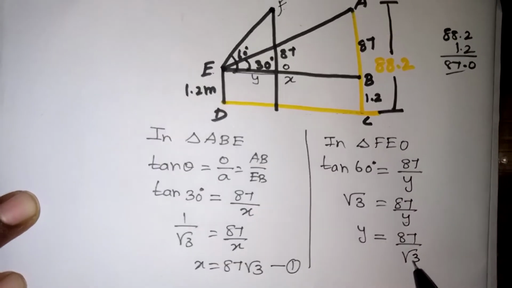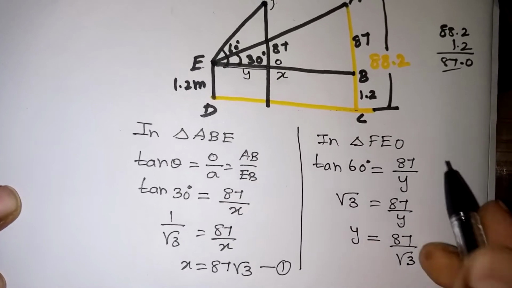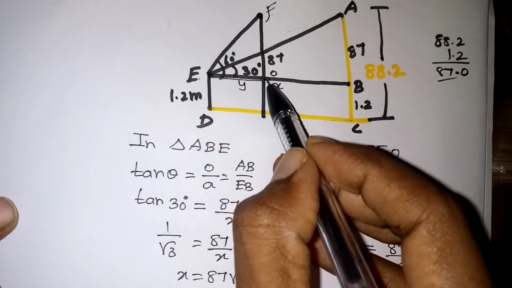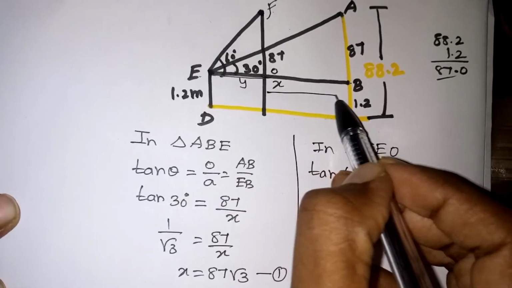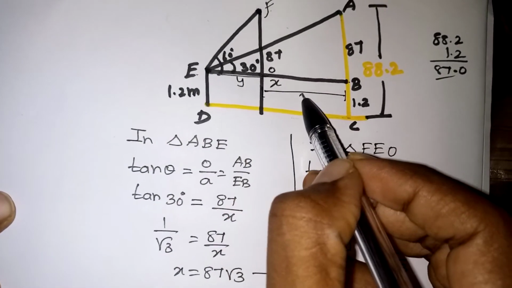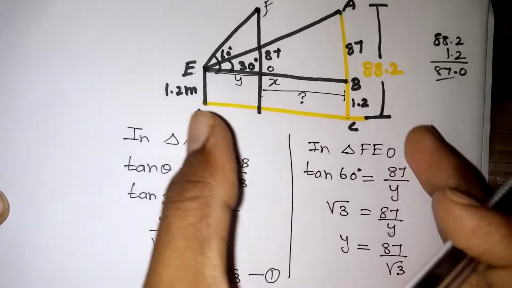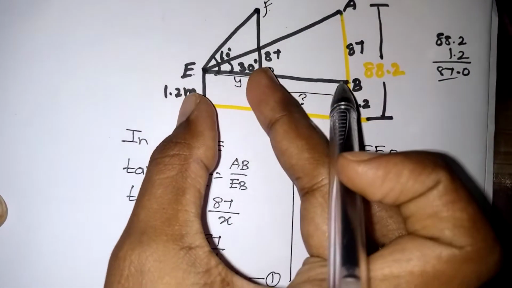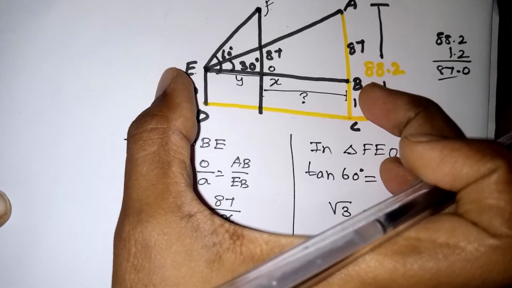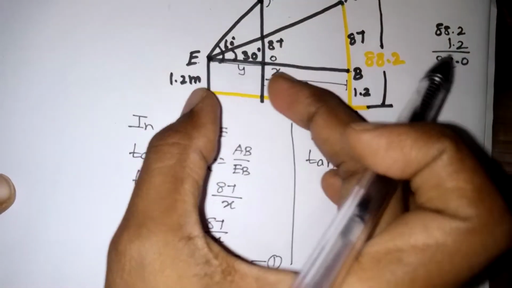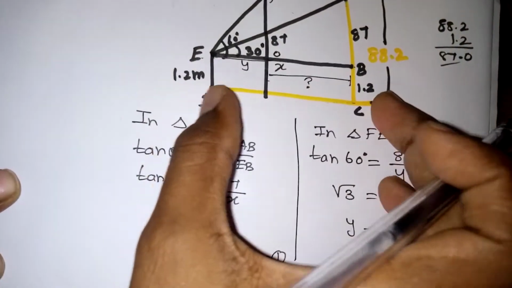Now our aim is to find the distance the balloon moved, only from O to B. This is the distance they are asking: the distance covered by the balloon. So from the X value we have to subtract the Y value, because X is nothing but EB. From this EB we have to subtract EO. So X minus Y is the distance covered by the balloon.